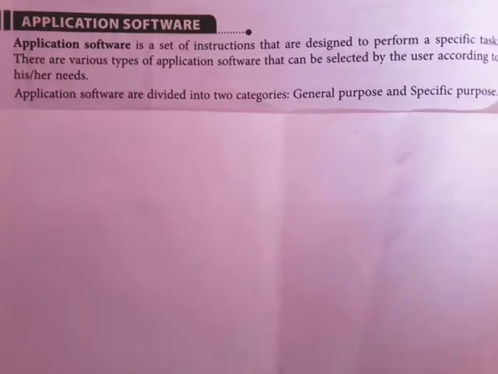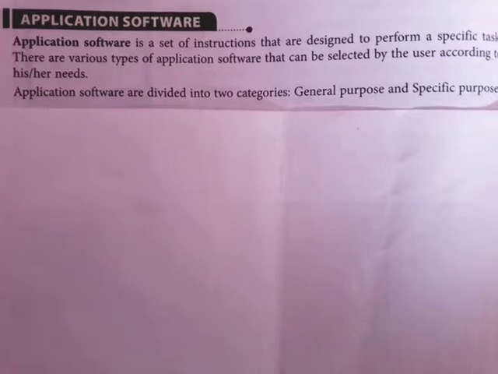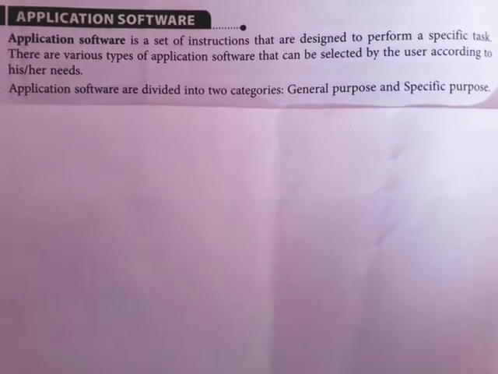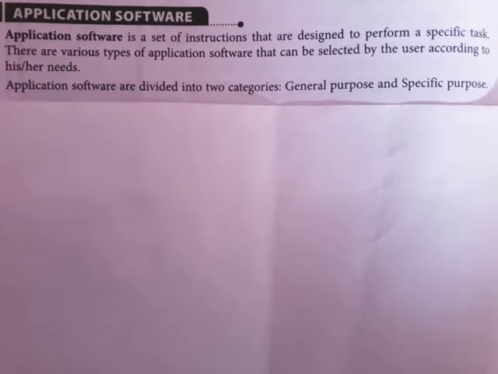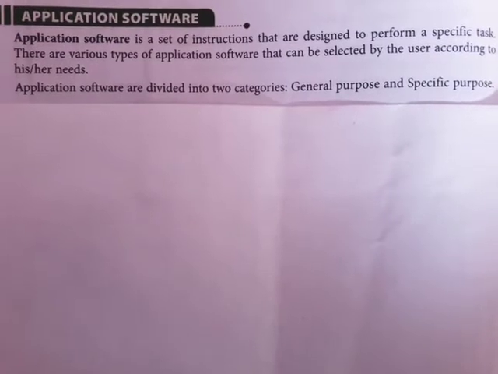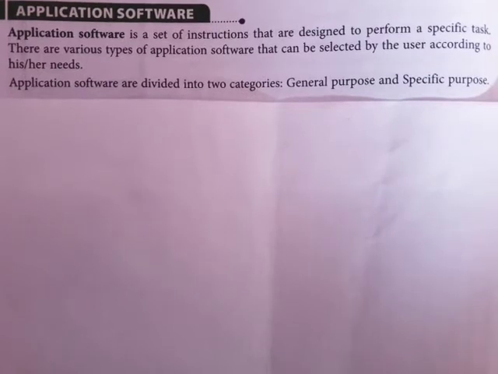Dear children, all the utility softwares are a type of system software. Now let us see what is application software. Softwares are of two types that we have seen previously, that is system software and application software. Application software is a set of instructions that are designed to perform specific tasks.